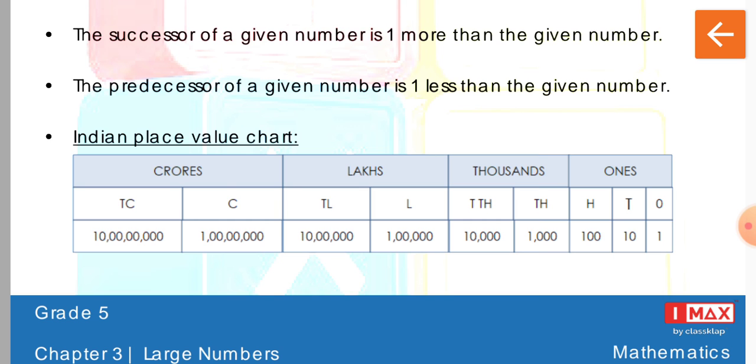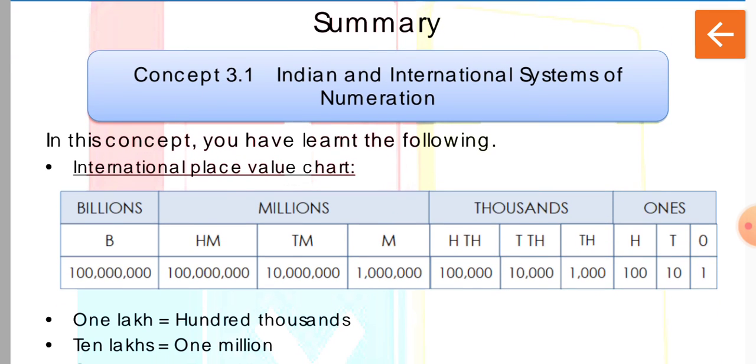So, now we are moving to the next, the international system of numeration. Let's check the international place value chart. Here, the places are ones, tens, hundreds, thousands, 10,000, 100,000, million, 10 million, 100 million, billion. This is how the international place value system looks.